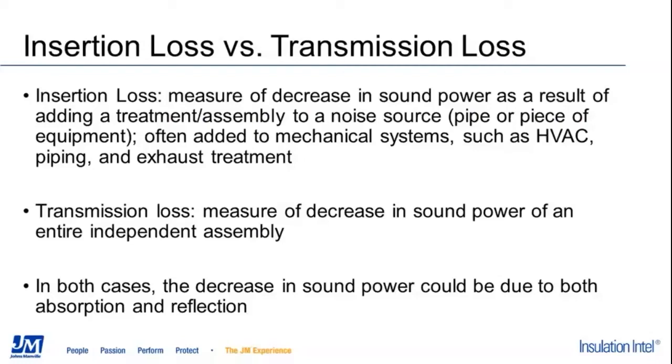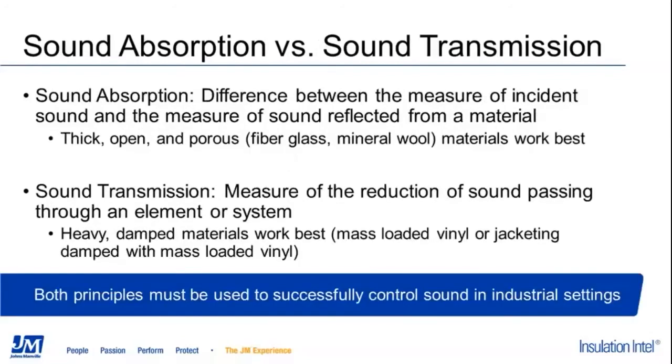A critical aspect to remember, though, is that while these are very, very different characteristics, the decrease in sound power could be resolved the same way through a combination of both absorption as well as reflection, depending on, again, the type of noise that you are trying to attenuate or reduce.